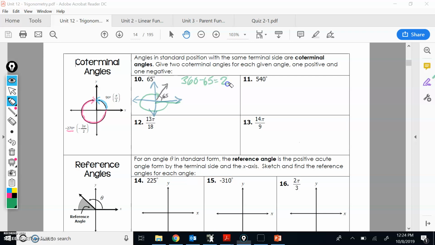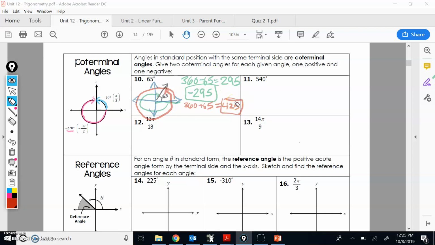That's going to be 295. Since we're going clockwise, the coterminal angle is negative 295. Another coterminal angle for 65 degrees: what if we go in the positive direction past 65 and then go to 65 again? We have to do 360 around and then go another 65 to equal 425 degrees.